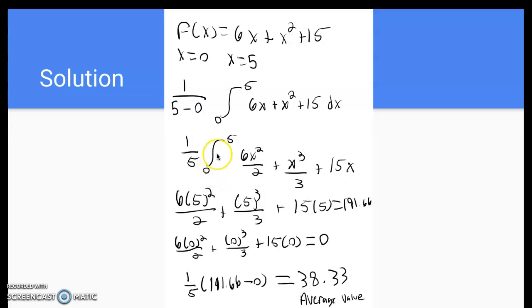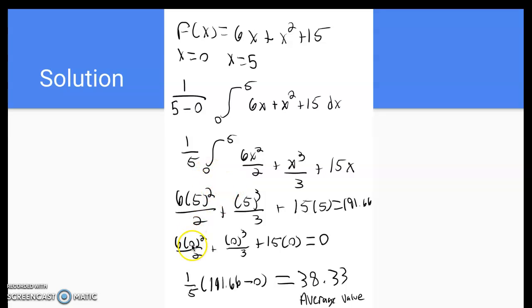Then we just have to plug in, and we'll start with the 5. So we do 5 squared times 6 divided by 2 plus 5 cubed divided by 3 plus 15 times 5, and that equates out to 191.66.